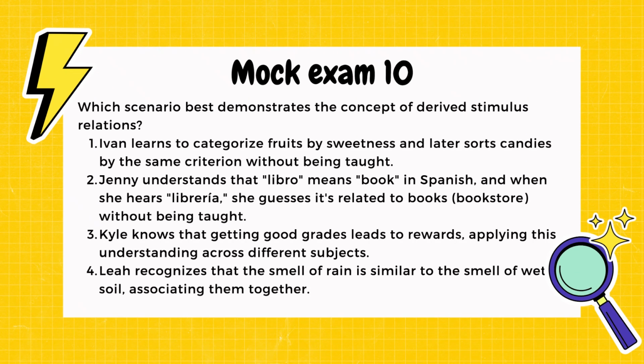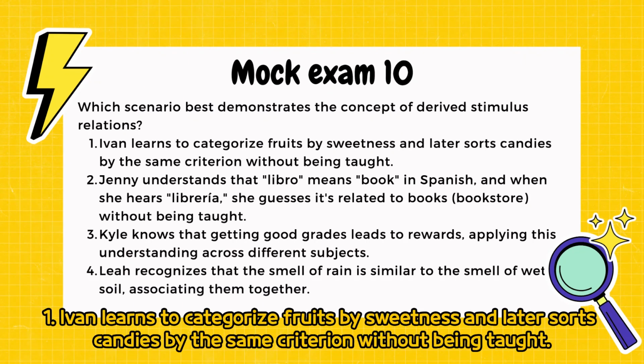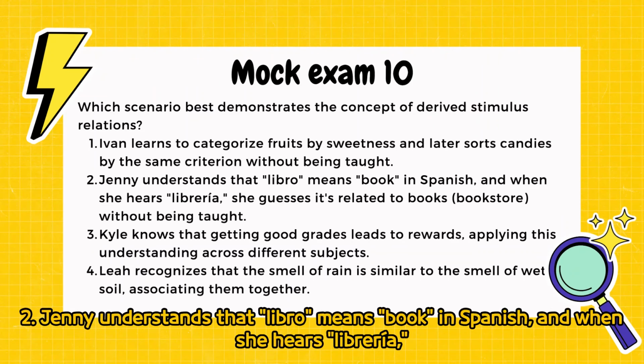Mock Exam 10. Which scenario best demonstrates the concept of derived stimulus relations? 1. Ivan learns to categorize fruits by sweetness and later sorts candies by the same criterion without being taught. 2.